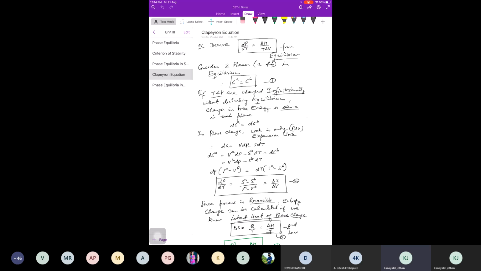Any doubts on that? dG for the system is zero, not for each phase individually. Right? दोनों फेज मिलाकर जीरो है, तो जितना A का चेंज होगा उतना ही B का चेंज होगा. ओवरऑल it is zero, but that doesn't mean that A फेज का जीरो होगा और B फेज का भी जीरो होगा. No, that's not the case, because component is getting transferred from one phase to another phase.